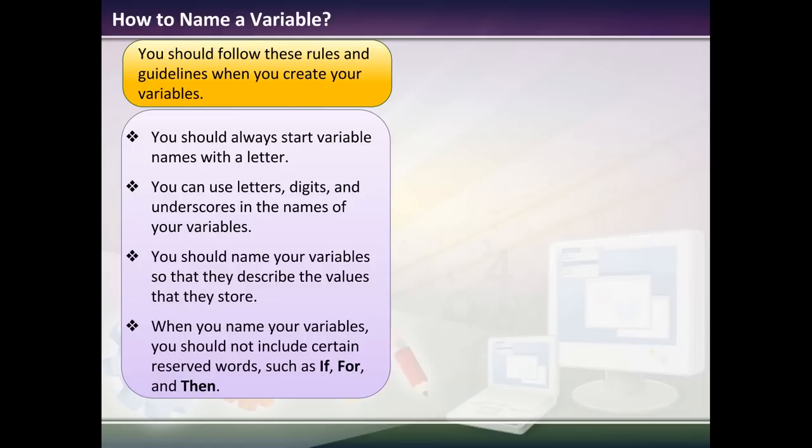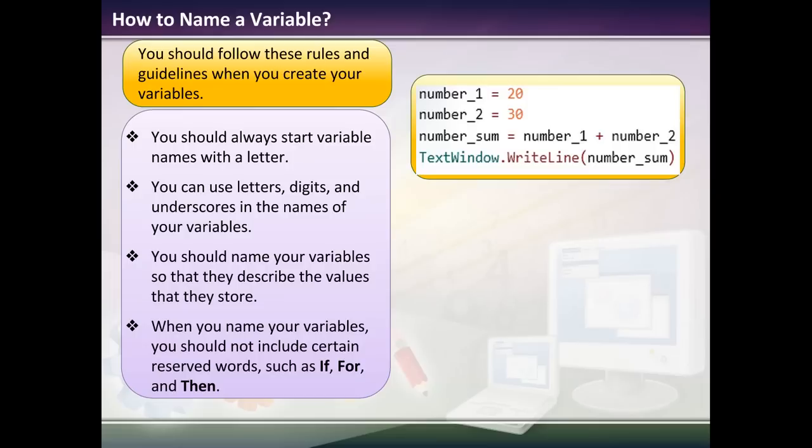So in the last example we asked what someone's name was, so we made the variable name. So you could do name1, name2, things like that. When you name your variables, you should not include certain reserved words like if or for or then, because those are program words. For example, here we have a couple of numbers that we stored.